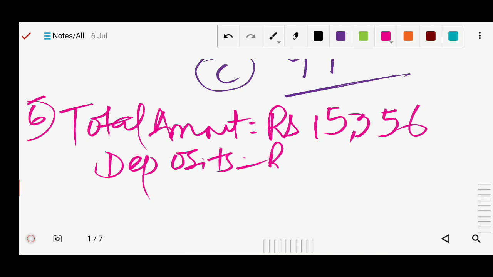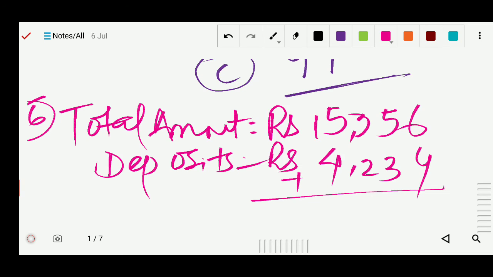The deposit amount is 4,234. This total amount he has deposited. So what is the answer? You can add it: 19,590. Now in the bank he has a total of 19,590.